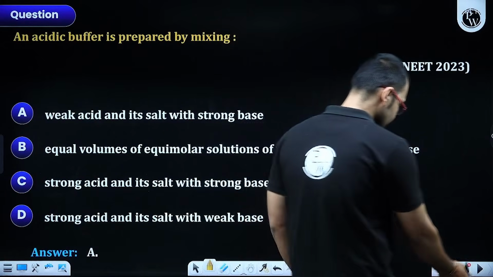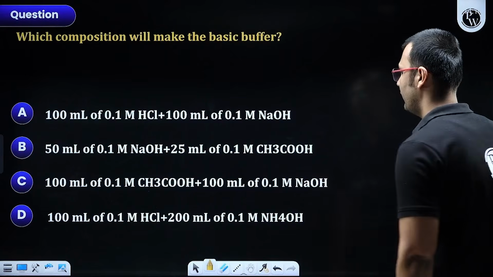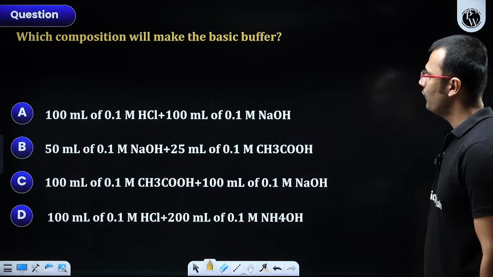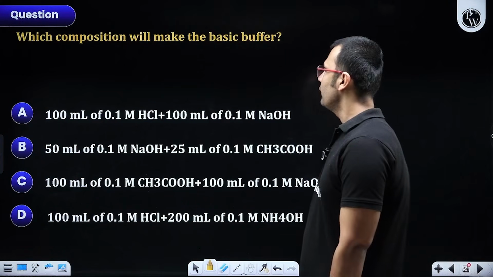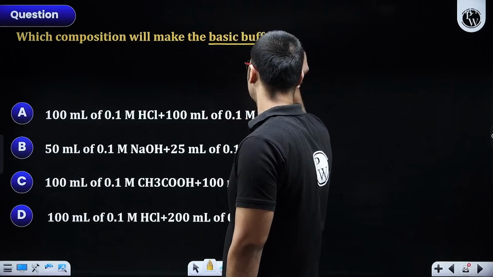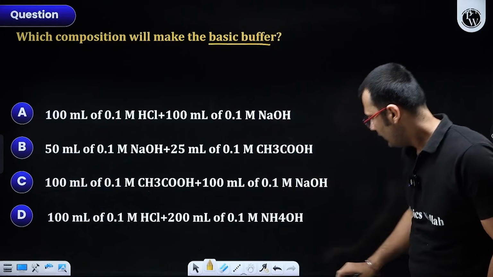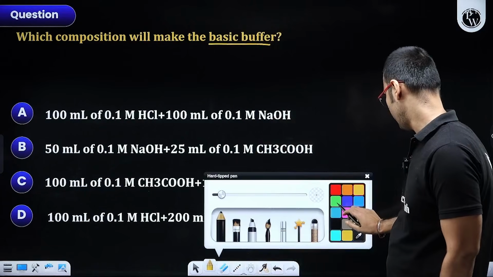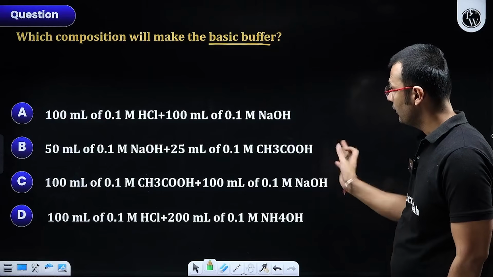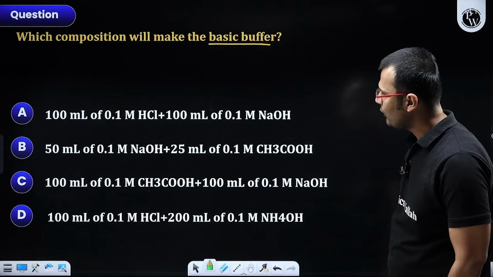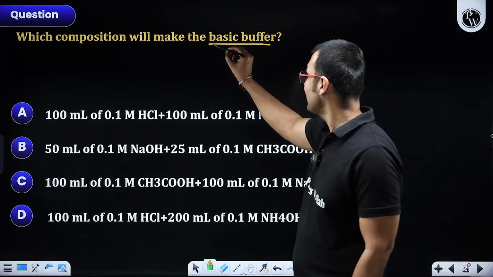Let's move ahead. Can you do this question, all of you? Which composition will make the basic buffer? In the different options you are given mixtures, but you will have to identify which will act as a basic buffer.